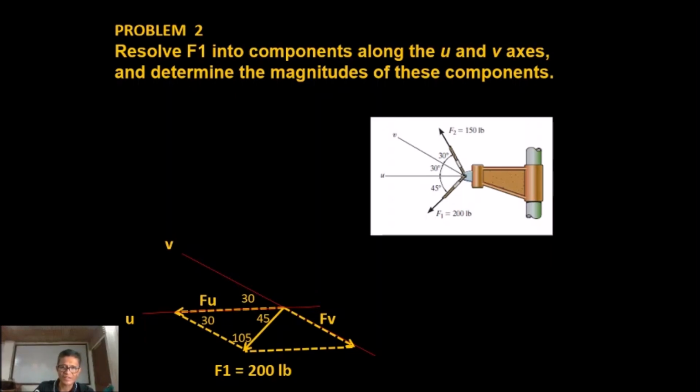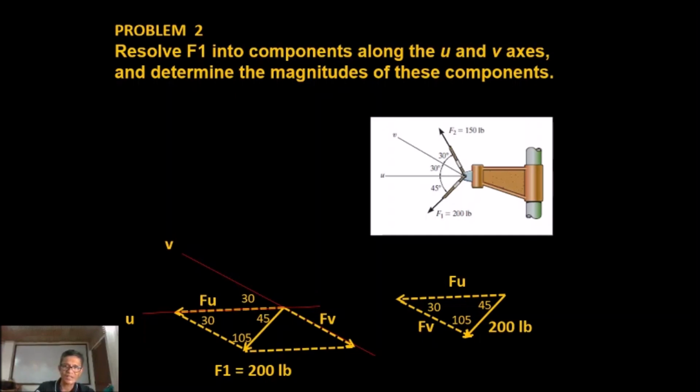Then after that, draw natin yung triangle. So kukunin natin dyan itong Fu directed to the left. Then yung Fv, yung sa kabila, itong nasa left. Then we have the 200. So nalalabas dyan, we have an oblique triangle wherein we have given 200 and Fu and Fv.